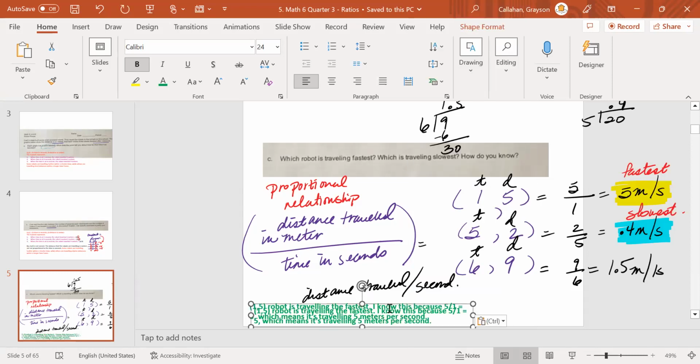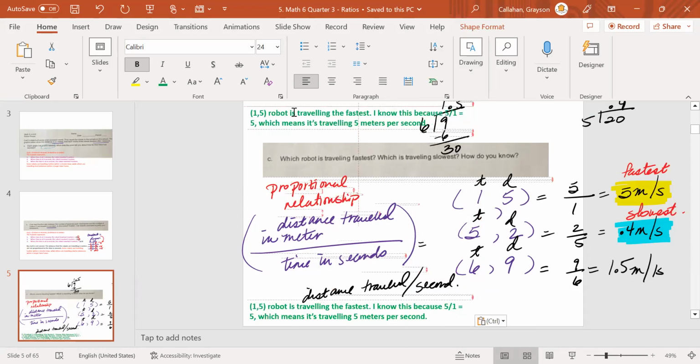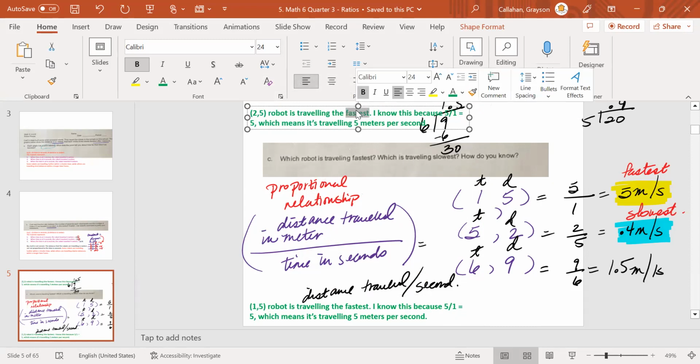Okay, then your next one, you can say that 0.4 is the shortest, right? So that one's 2,5 robot is traveling the slowest.